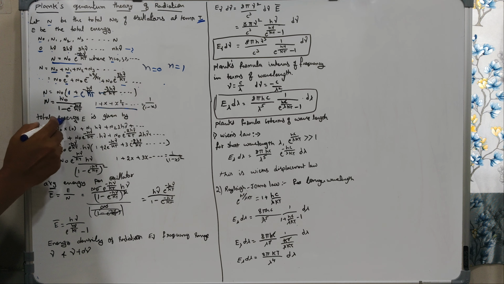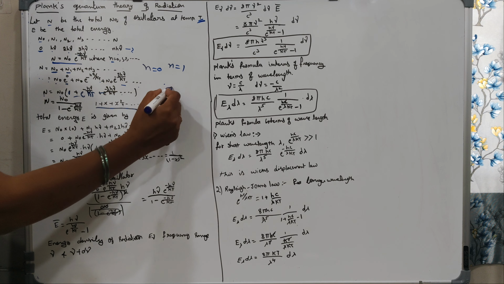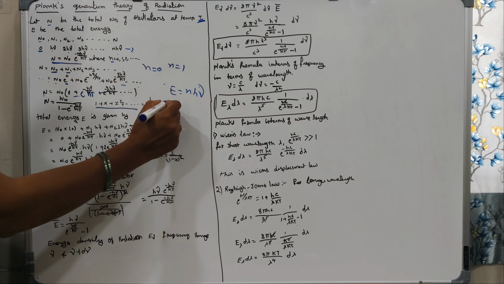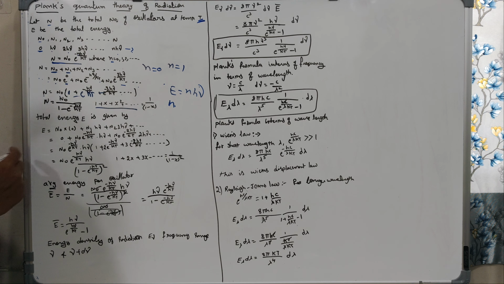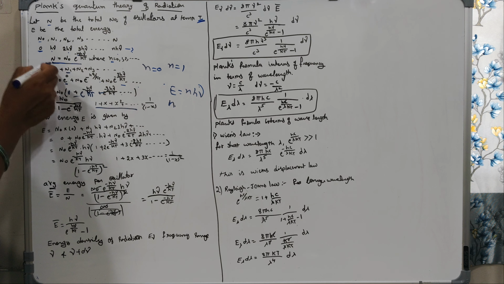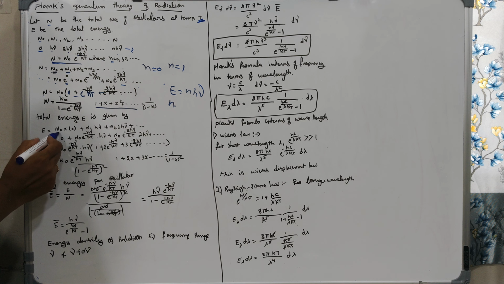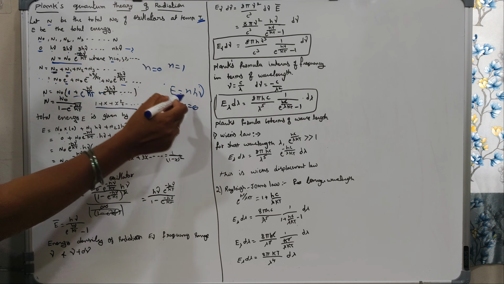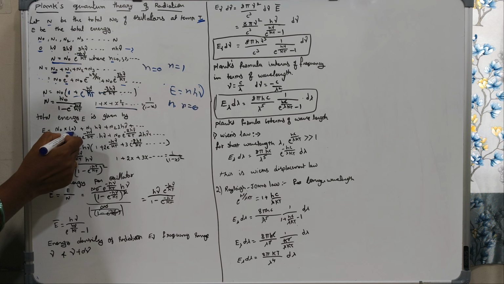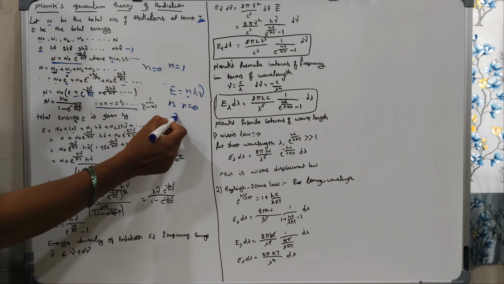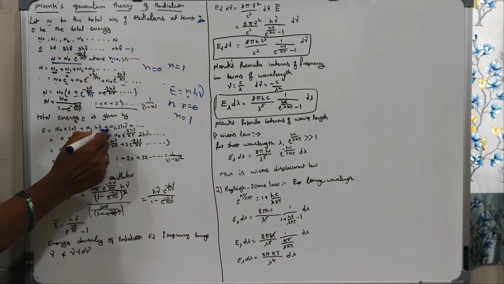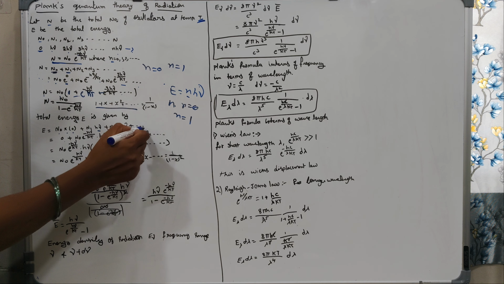Using this formula, the total energy E is given by E equals the sum of N_n n h nu. For the first oscillator, the energy is considered as 0, therefore N naught into 0. Similarly for n equals 1, we have N1 h nu, plus N2 times 2 h nu, plus so on.